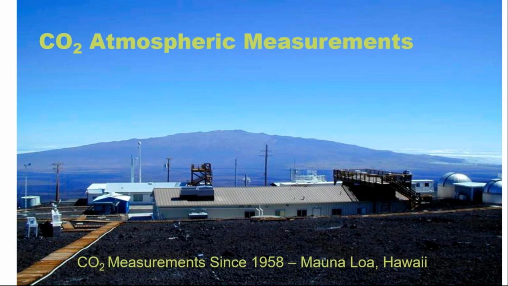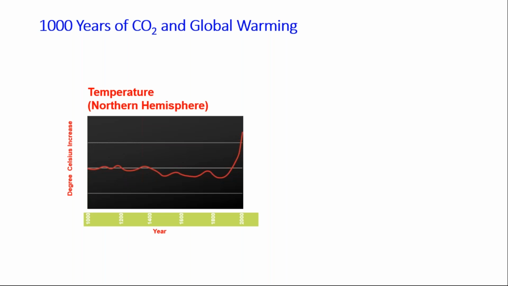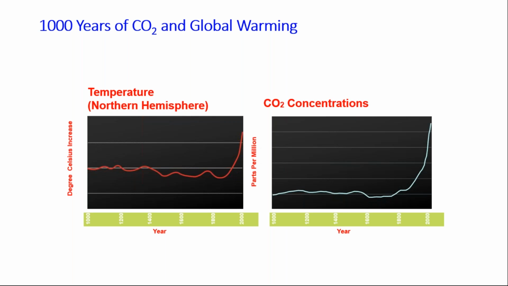This is the CO2 measurement since 1958 from Mauna Loa, Hawaii, and 1000 years of the CO2 and global warming relationship. As CO2 is going to increase over many years, in the same way the temperature is also going to increase. You can understand from this graph that the nature of the two graphs is near about similar. So as CO2 increases, temperature also increases.